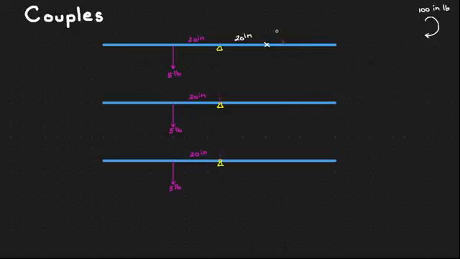Well, we just want to make sure that when we apply two forces, when we multiply the magnitude of one of these forces by the perpendicular distance between them, it is equal to 100 inch-pounds, because this is the necessary counterbalancing moment that is needed to balance the beam.